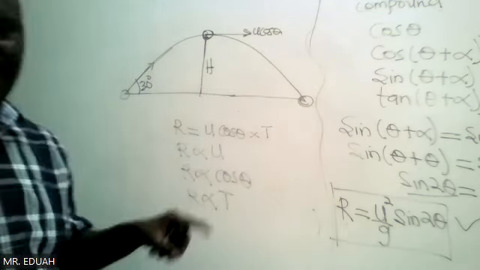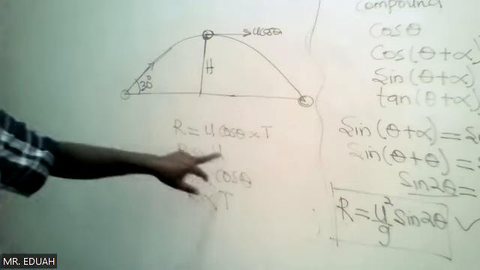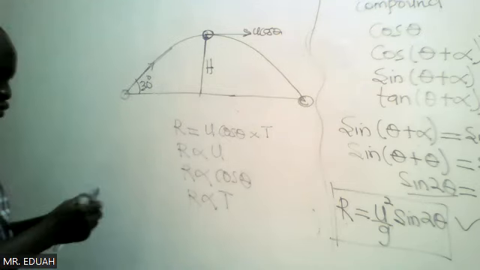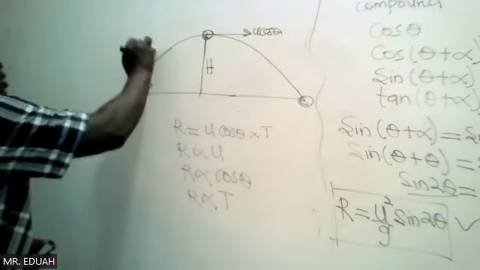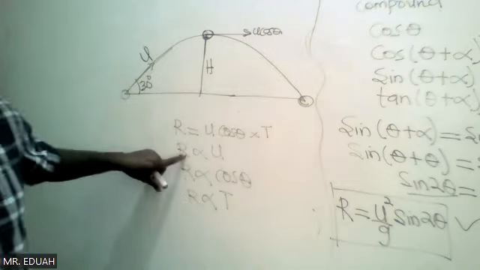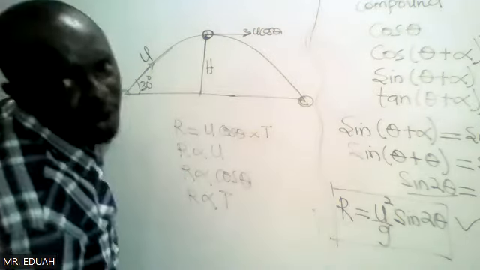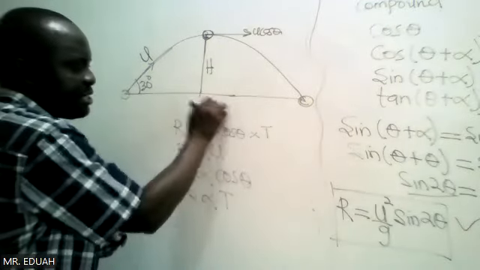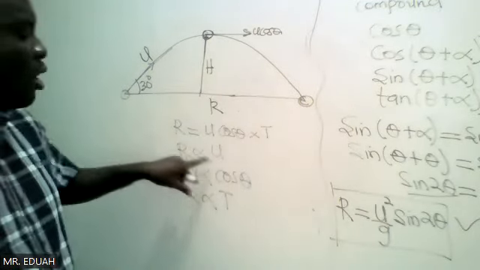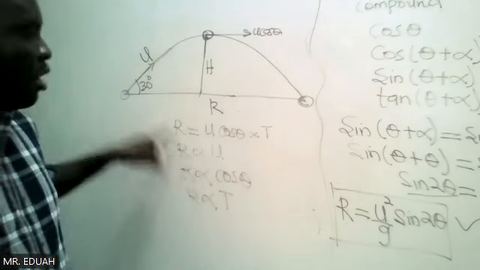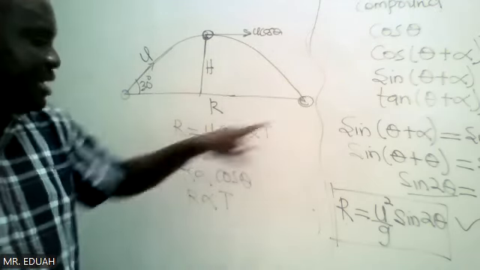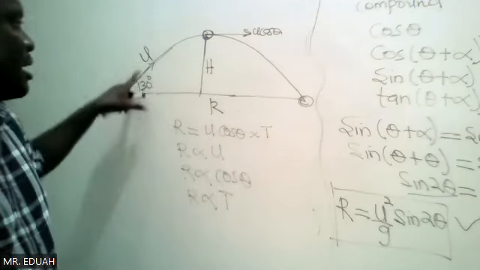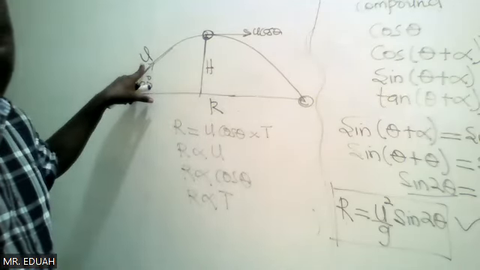This relationship tells me that when you increase the velocity of projection u, it will affect how much the body will travel horizontally, which is the range. So if I want more range, more horizontal distance covered, I can do that by, one, increasing the velocity.